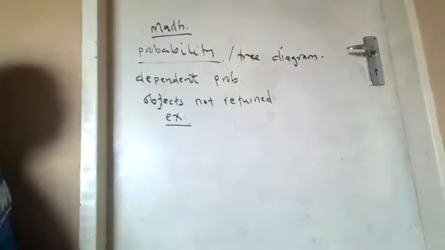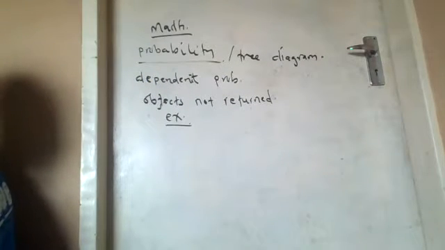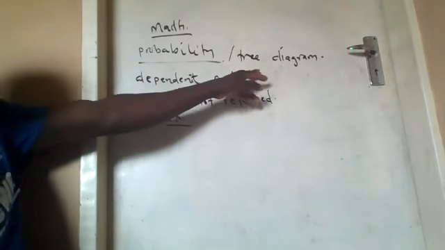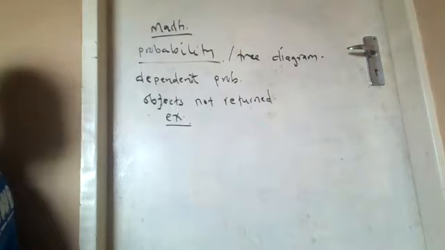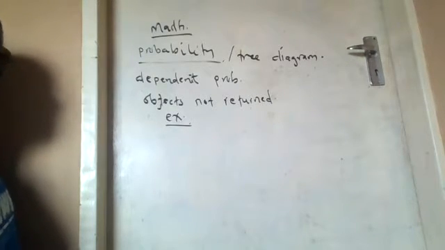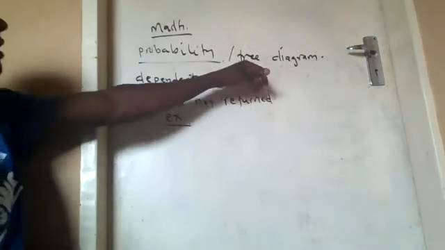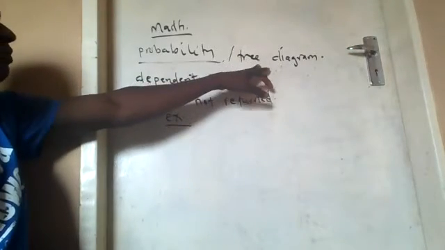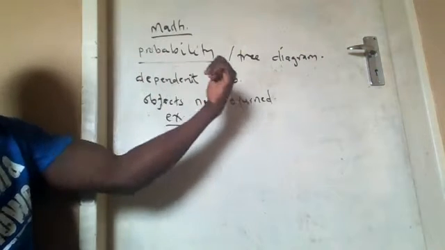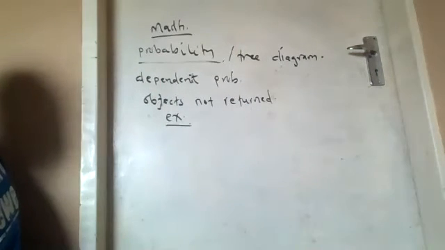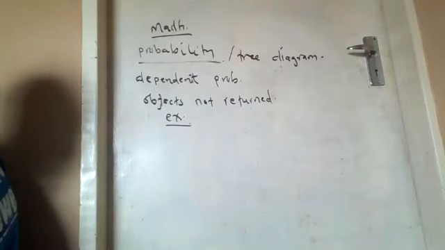We know that a tree has branches, but in our tree diagram probability, the number of branches the tree will have depends on the number of types of entities.